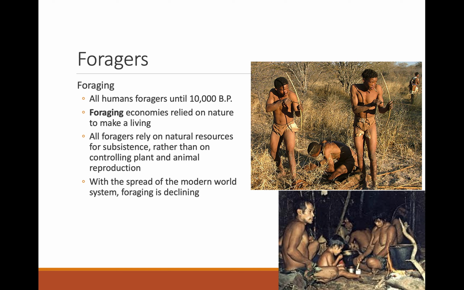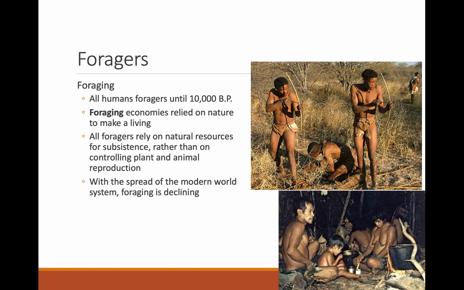So, all humans have lived as foragers until roughly about 10,000 years ago. It is really with the advent of the broad spectrum revolution and the emergence of cultivation, intentional control over the reproduction of plants and animals, that we start to deviate from our foraging traditions.